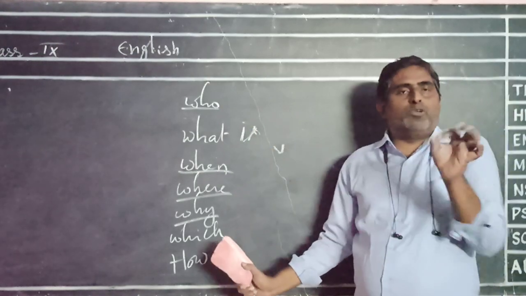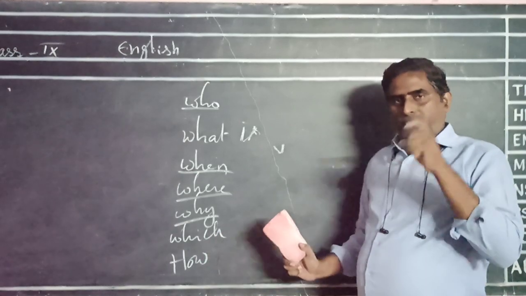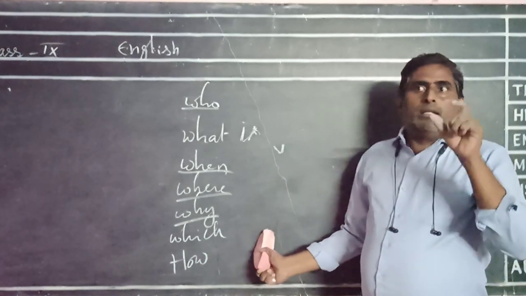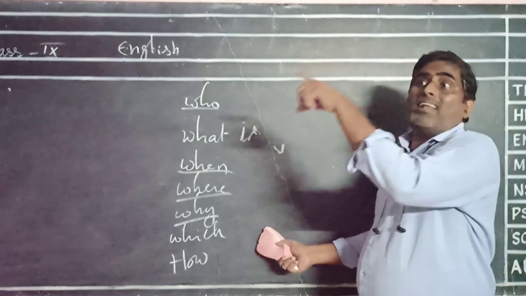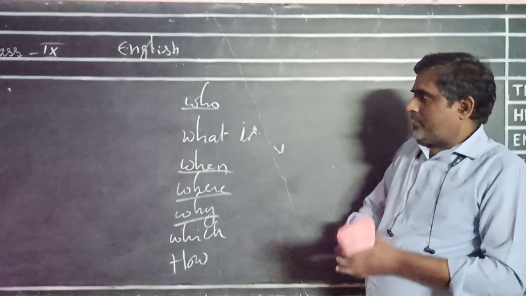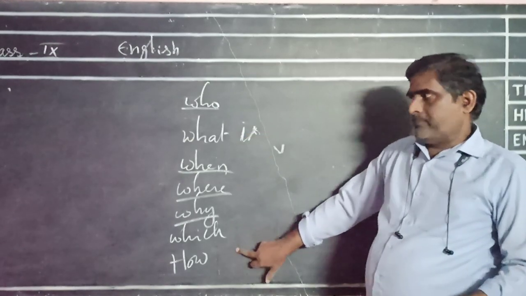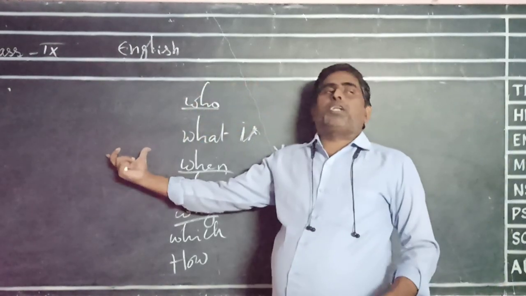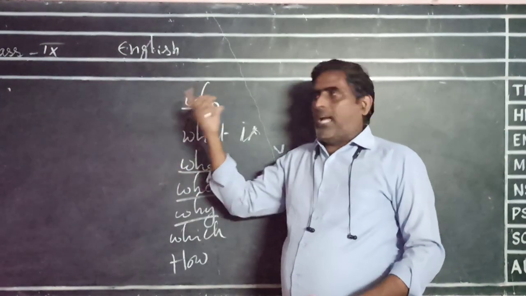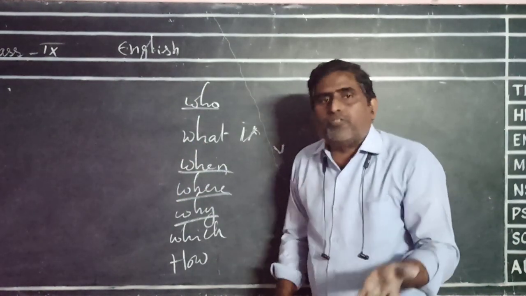That's what we call a WH form question. The answer must be the underlined word. When you put a question with any one of these words, the underlined part in your sentence must be the answer. Like that, you have to frame a question.